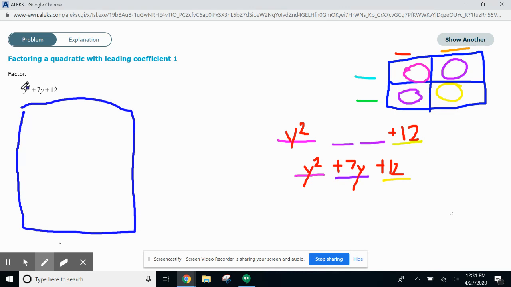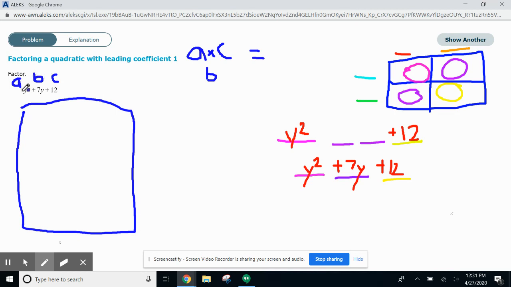You have three different terms here, and if we label them A, B, and C, then we can do A times C, and we can also do B. We need these two numbers to multiply to this.